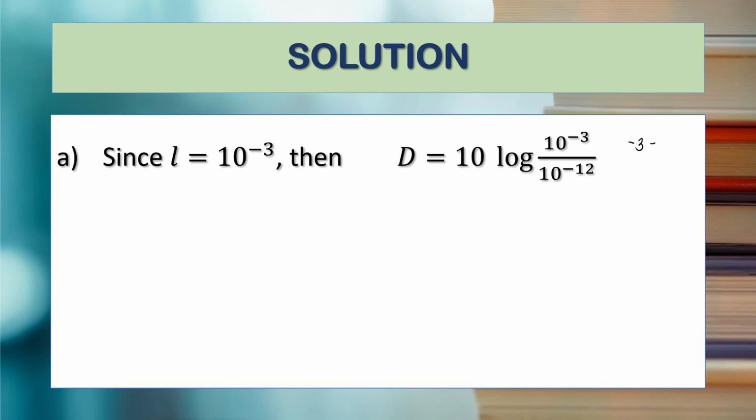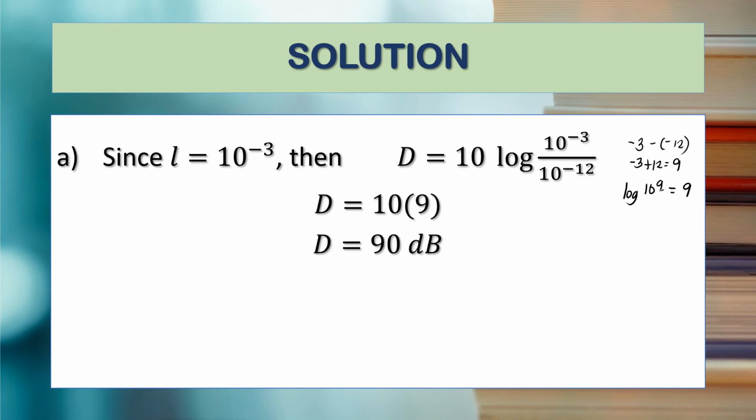So negative 3 minus negative 12. Negative and negative will be positive, so negative 3 plus 12 is 9. Now the common log of 10 raised to 9. What exponent with base 10 will give you 10 raised to 9? Simply, it's 9. Therefore we have 10 times 9, which is 90 decibels.